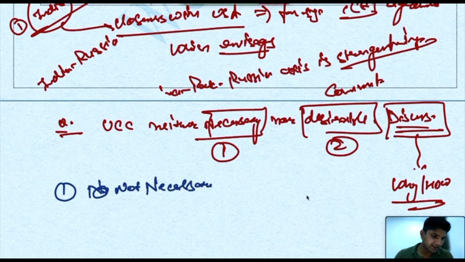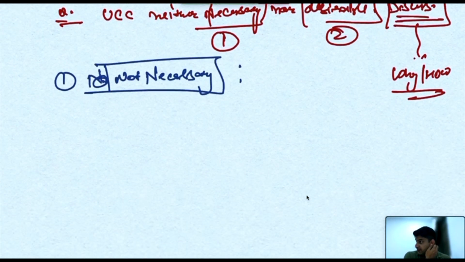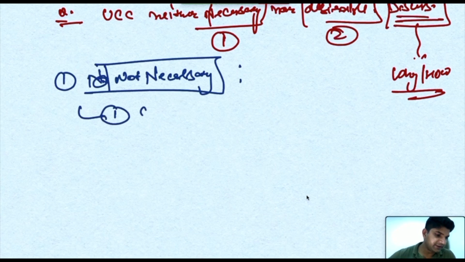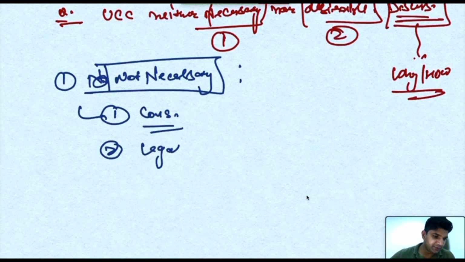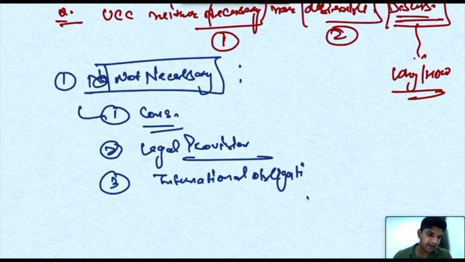I made a subheading of this. You tell me, in legal terms, when something becomes necessary. Either it's asked by the constitution, or there is some legal provision for it, or there is some international obligation, that India has signed some treaty or internal agreement and it's necessary for India to implement it.